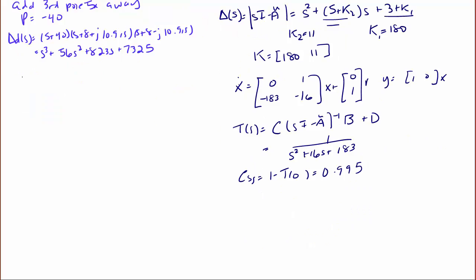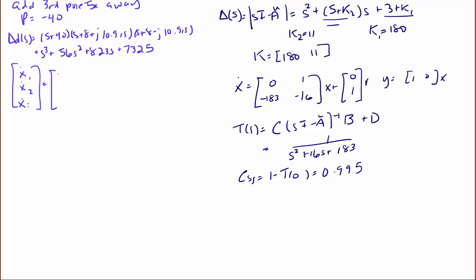So now let's create the matrix for integral state feedback control. So we're going to have x1 dot, x2 dot, and xi dot. Xi dot is for our integral.